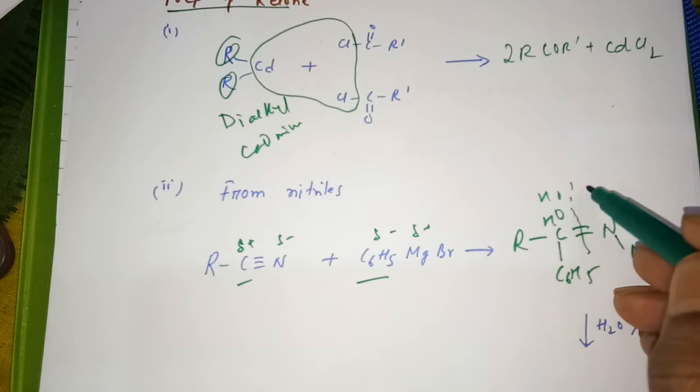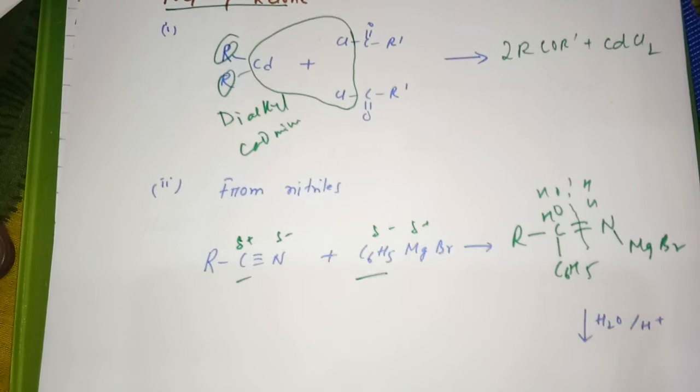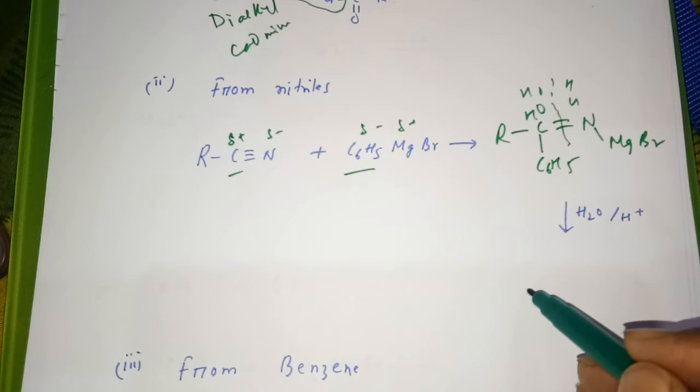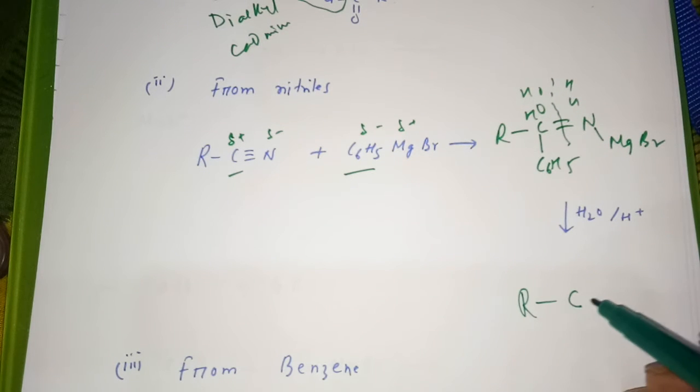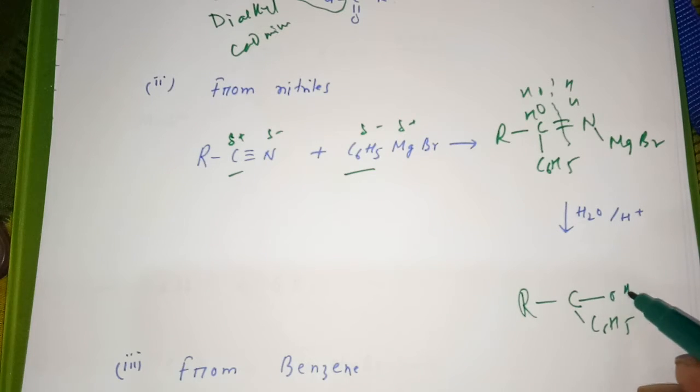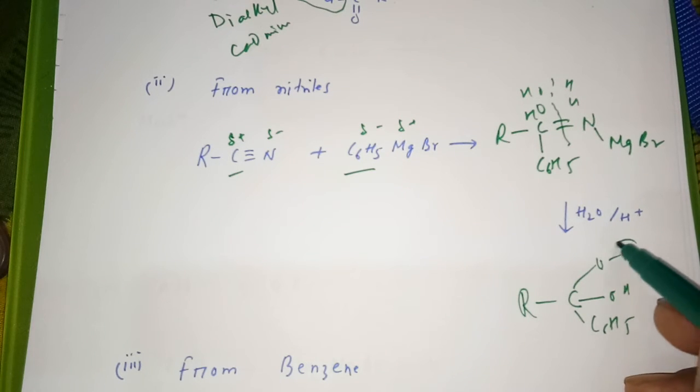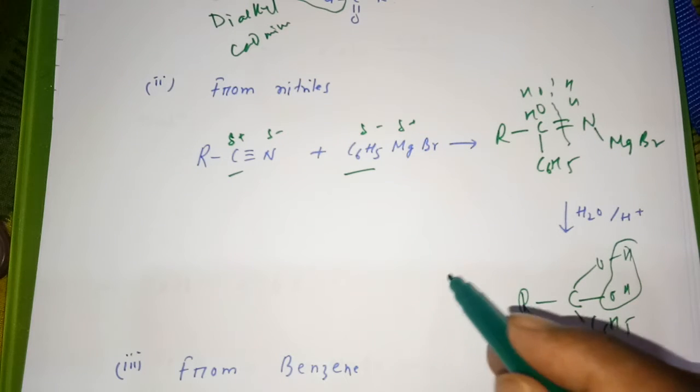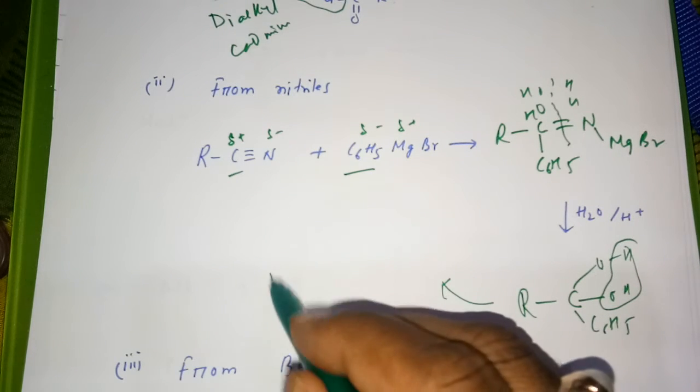There will be two OH on that carbon, and two hydrogens go to this one. So there will be like that. It is C6H6, OH, and loss of water gives us the product.